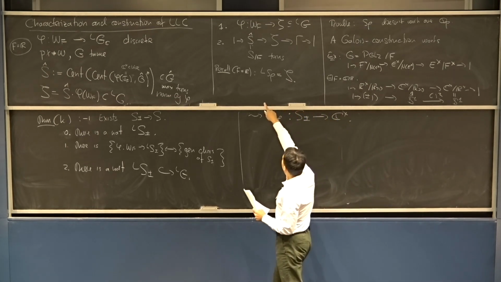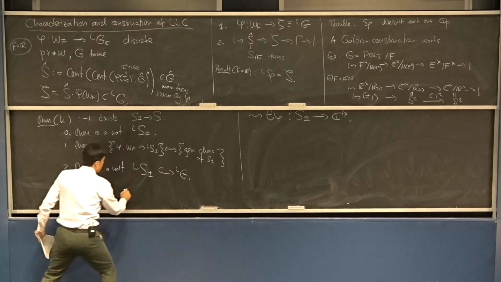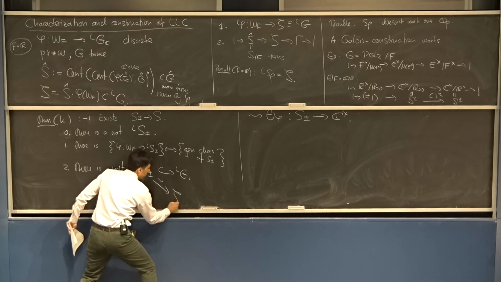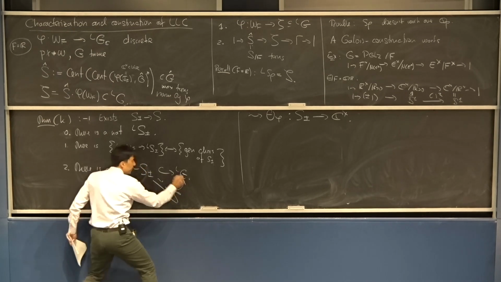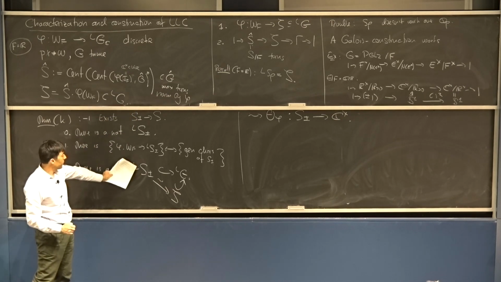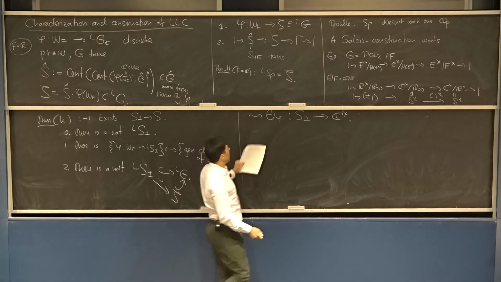So the parameter is valued in this group script S. This group script S, this embedding here, factors as an isomorphism to script S, which means that from our discrete parameter, we get a parameter for this double cover. We get the genuine character of the double cover.